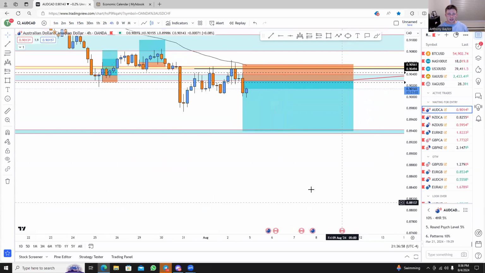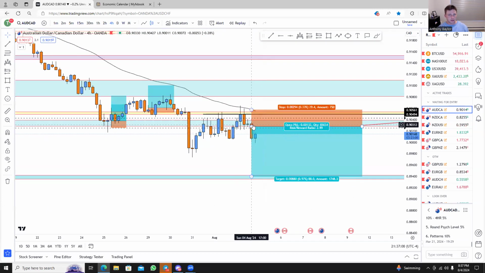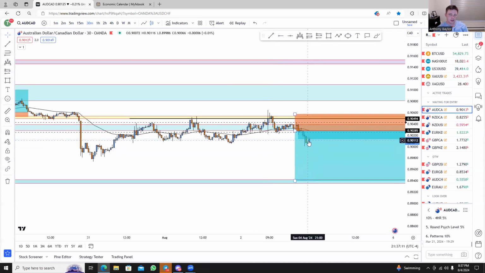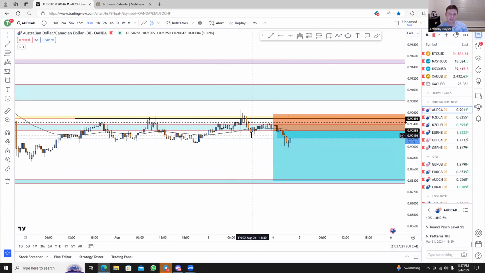Like AUD CAD, I could have taken this trade right here when it broke, at the shift in structure. But look what it's doing right now. It's going to give me another entry, and it's closer to my London session time frame, making it safer for me to feel positive about trades.